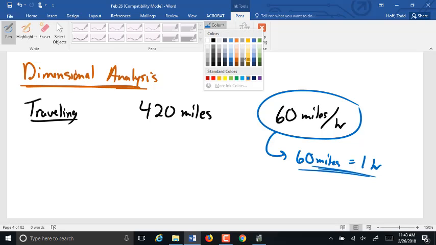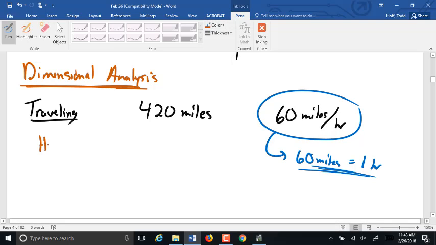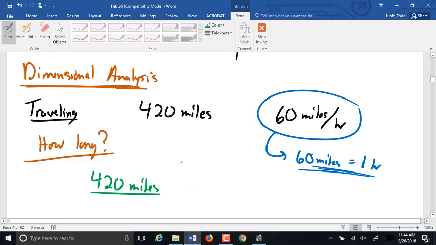If our question being asked here now is how long is it going to take, we can take our given information, the 420 miles. And of course, most of us know the formulas for working with speed and travel distance and all that. But if we didn't know those formulas, the units will guide us. So we start out with our given information of 420 miles.